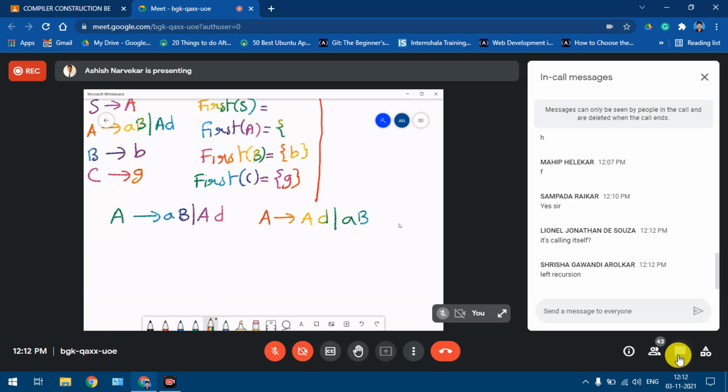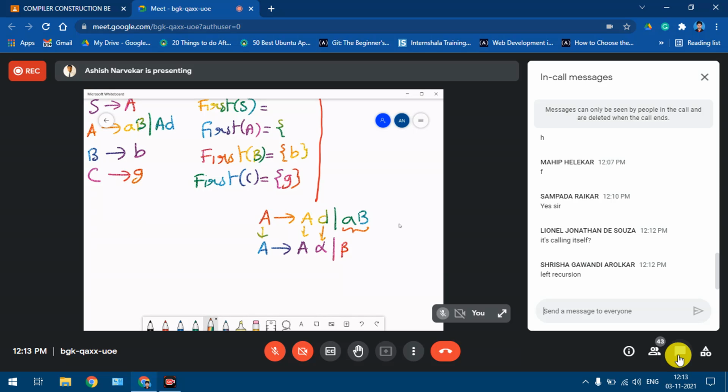So for ease of understanding, I've reordered the productions for A. Now it is in the form A derives A alpha or beta. This entire thing is beta, this is alpha, and obviously this is your A.